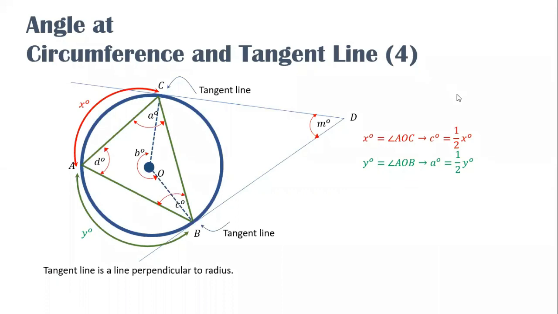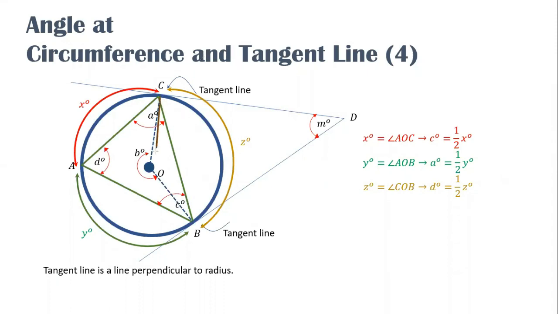Next, so what about this one? Arc angle BC. Arc angle BC equals angle COB. Let's say this one is Z degrees. So Z degrees equals angle COB, which means D degrees equals a half of Z degrees. Okay, look at the simulation, this one.